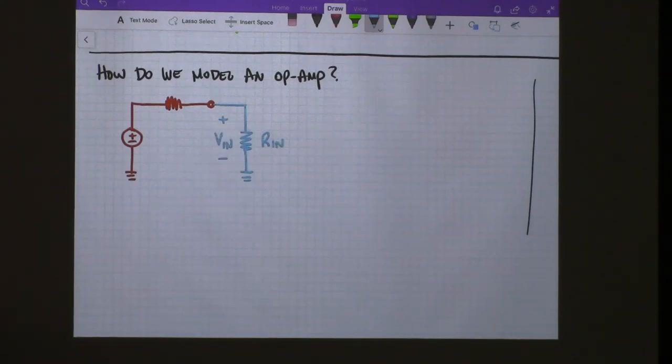In a second, you'll see there's a reason why I'm using different colors in different spots.